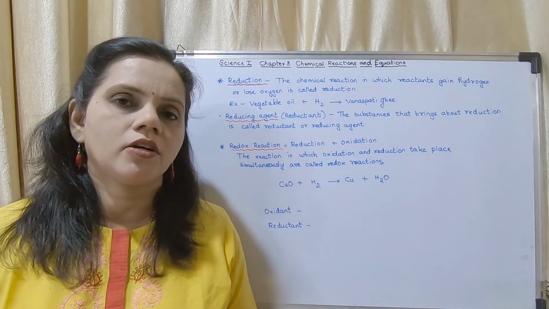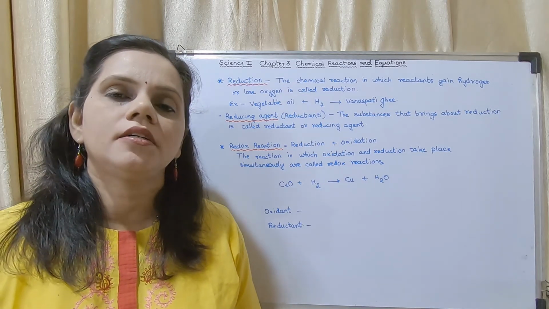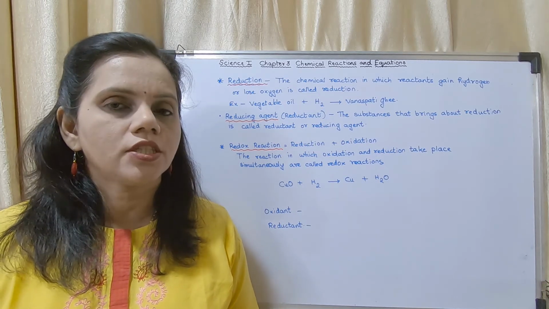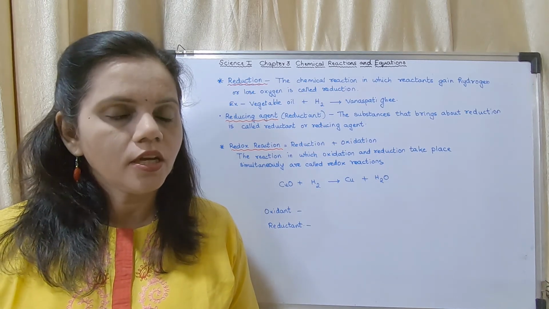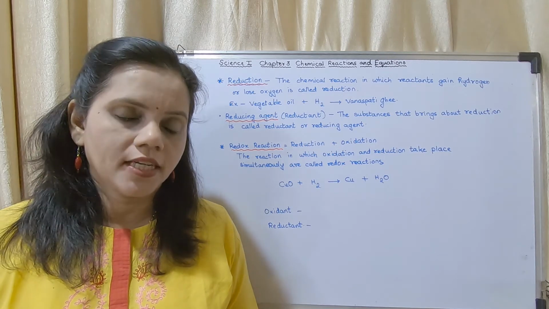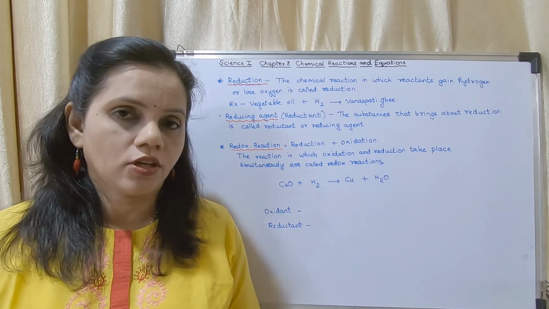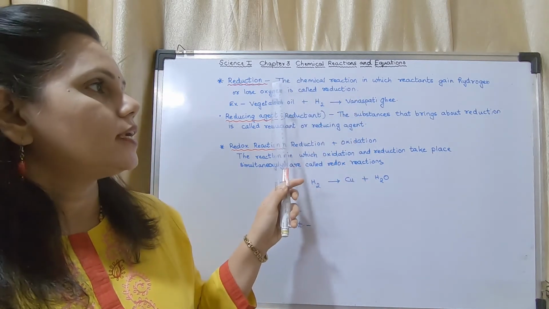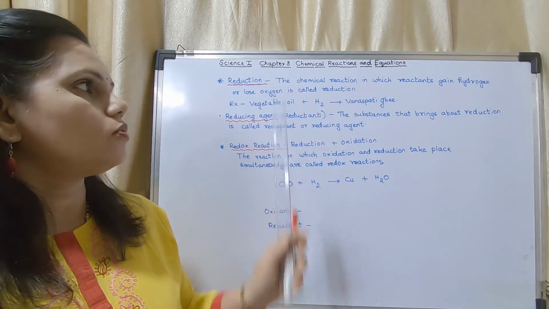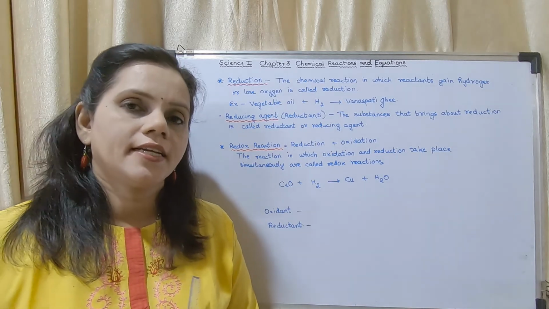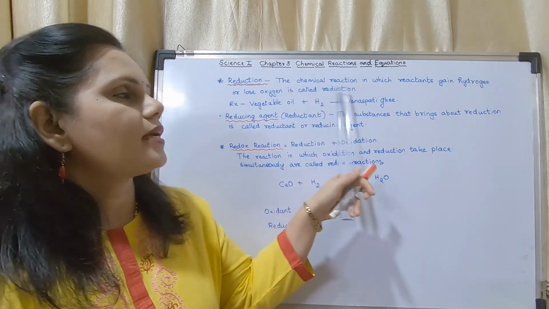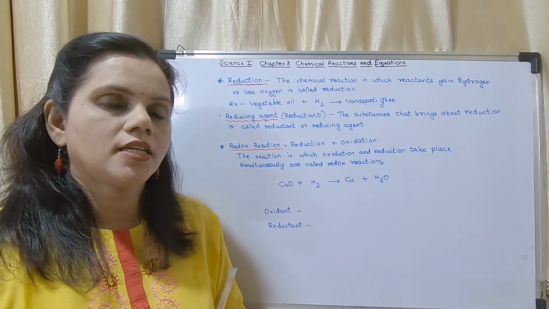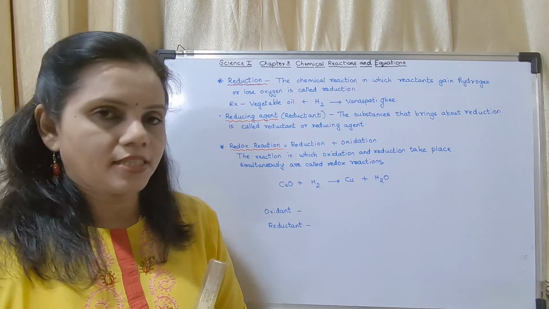Just now we finished oxidation. We studied two definitions for oxidation: oxidation is gaining oxygen or losing hydrogen, or oxidation is losing electrons. Now what is reduction? The chemical reaction in which reactants gain hydrogen or lose oxygen is called reduction.